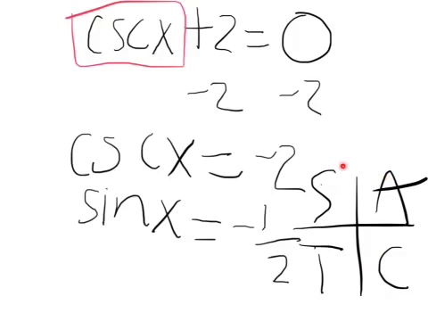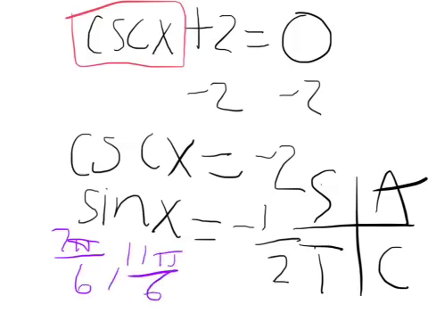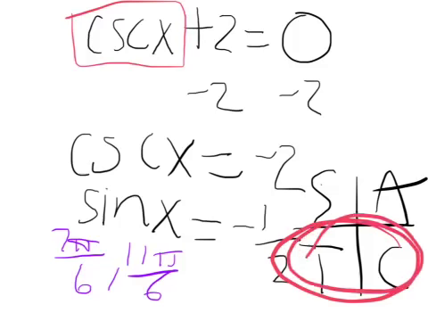The reciprocals follow their same function. So an angle with sine of -1/2 includes 7 pi over 6 and 11 pi over 6, both in the third and fourth quadrant, because that's where sine is negative.